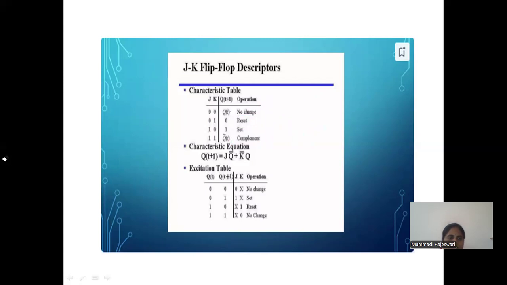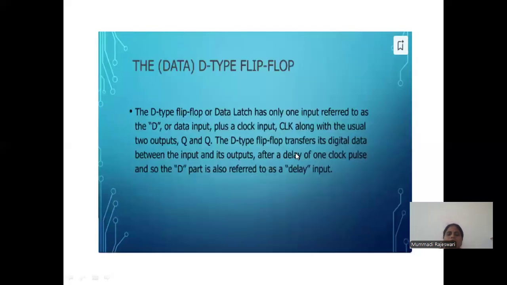See the next flip-flop, that is the D flip-flop. We call it a data flip-flop also. You can find out the D flip-flop by using an SR flip-flop also. In an SR flip-flop, both S and R inputs are connected, considered as a D flip-flop.